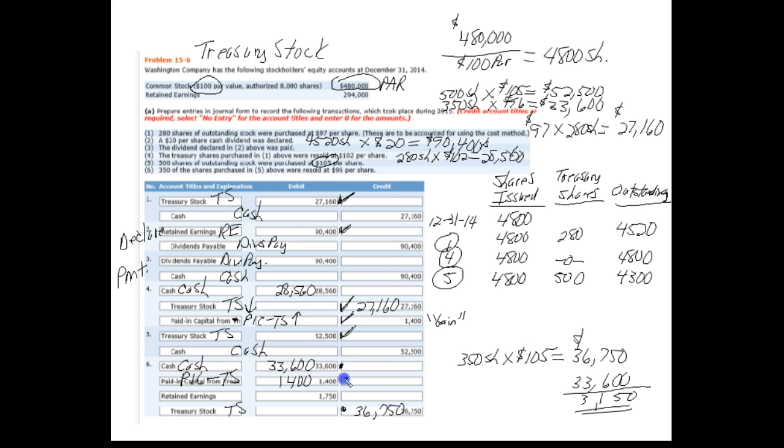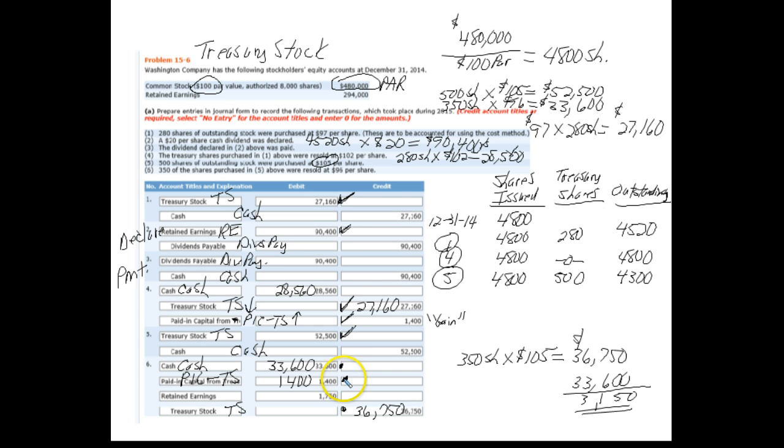Now, if it had been less than $1,400, we would just take all the loss to the paid-in capital treasury stock. But we can't take all of it because there's only $1,400 in there, and it would not make sense to have a negative balance in a paid-in capital account. How can you have negative paid-in capital? You can't.